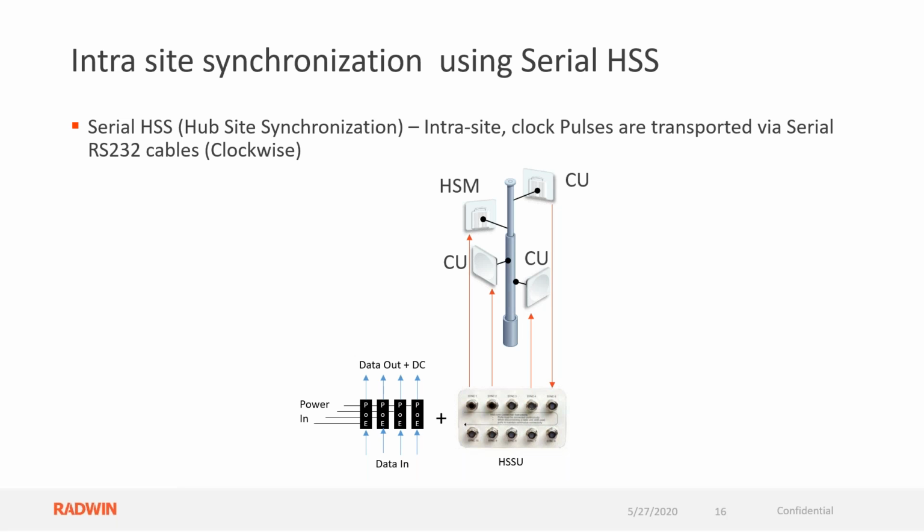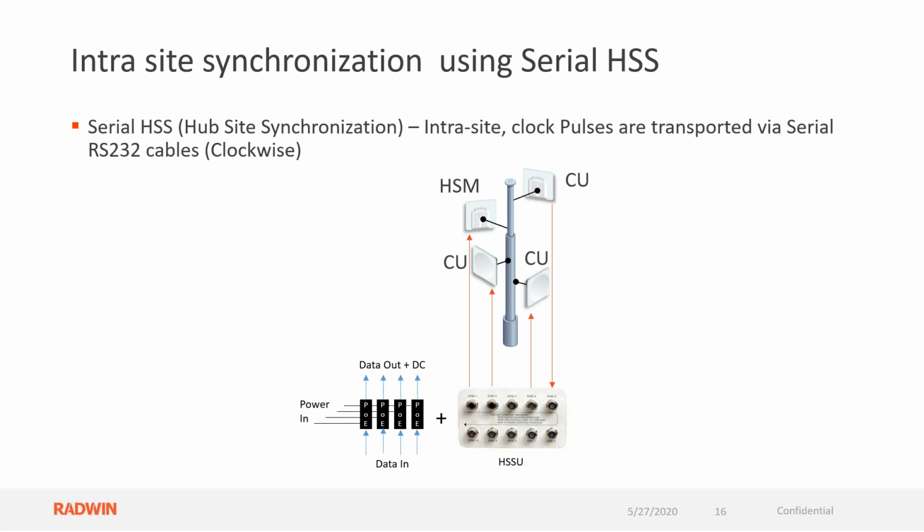Because it is a chain and it is RS-232, the cables need to be in a clockwise order, and there must be a chain between the master and the other slave units. The disadvantage is that you need to have RS-232 cables going all the way from each unit to the HSSU unit.